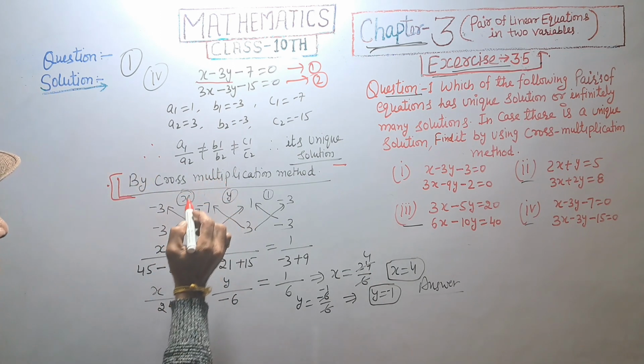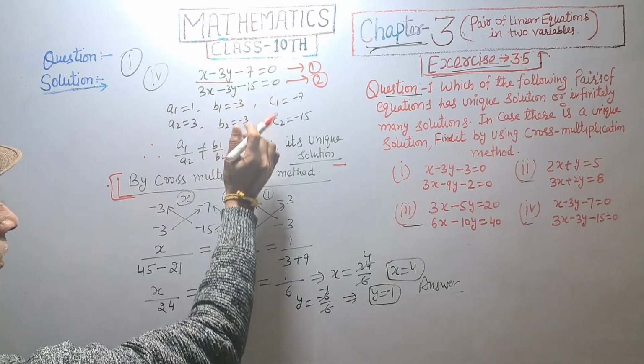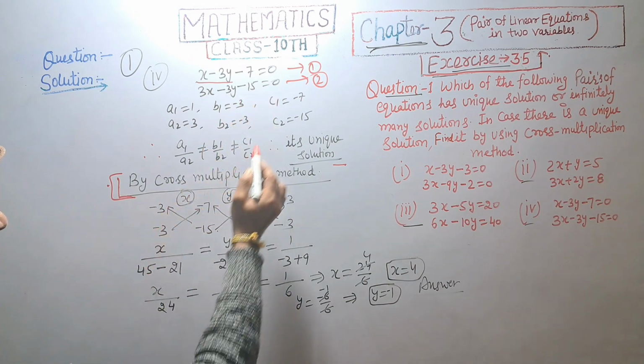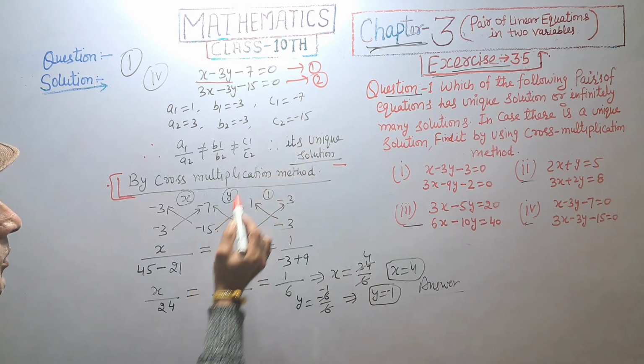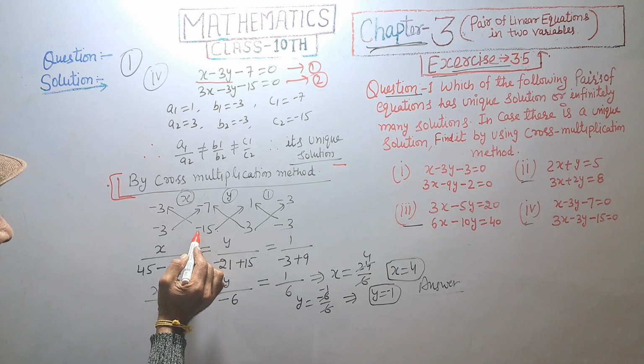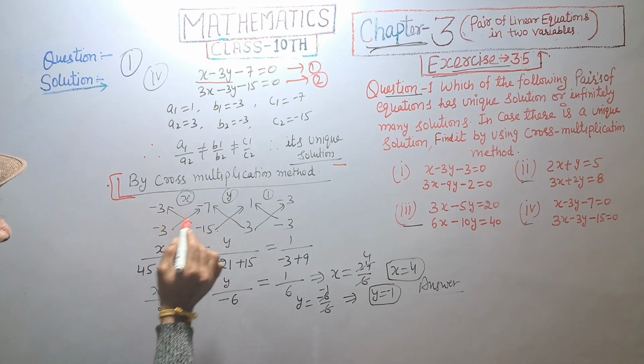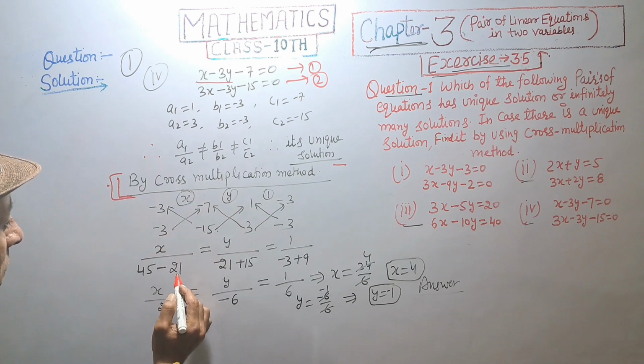X, y and 1. Minus 3 minus 3, minus 7 minus 15, 1 3, and lastly minus 3 minus 3. Value of x: 15 3s are 45 and 7 3s are 21.